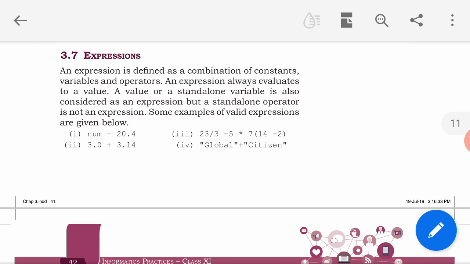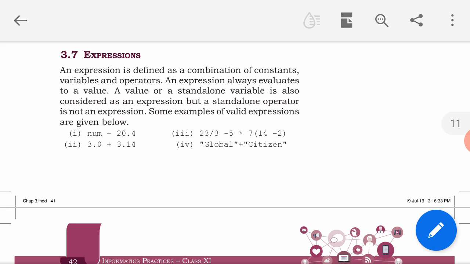Next we will discuss expressions. Expression, as you know, also exists in mathematics. Similarly, an expression in Python is a combination of constants, variables and operators. An expression always evaluates to some value, and a value or a variable is also considered an expression.